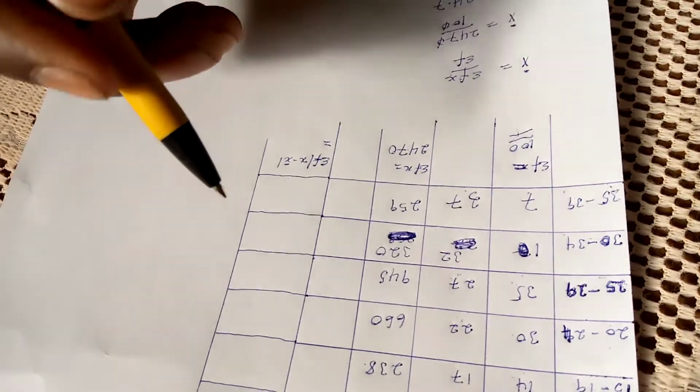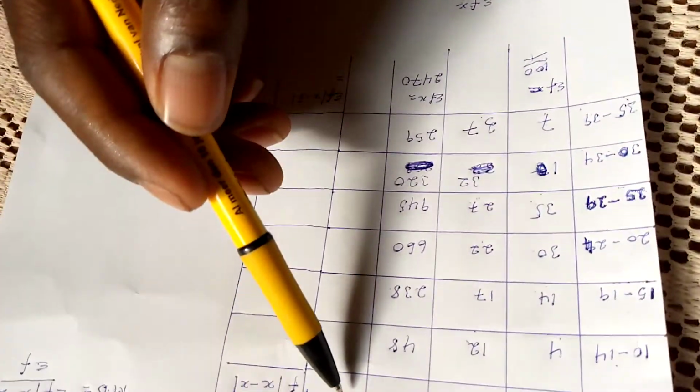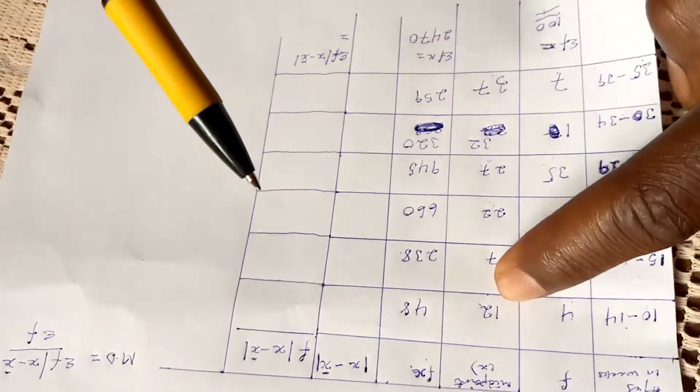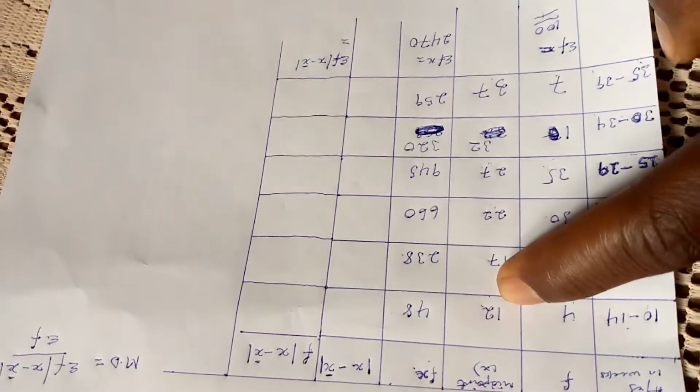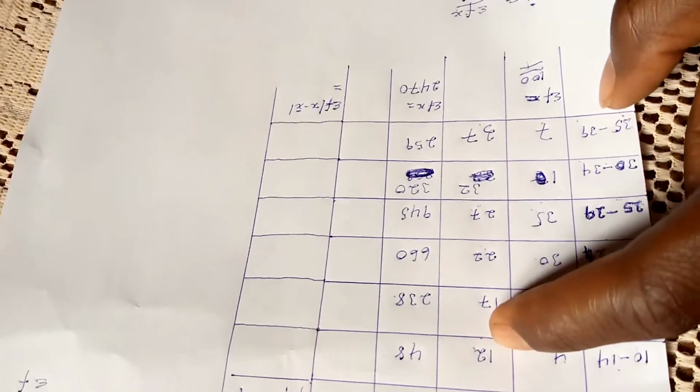So we proceed and we know that this x bar means the mean, so it means x minus the mean. And what do you have as x here? We have 12. So 12 minus 24.7 will give you a negative number.